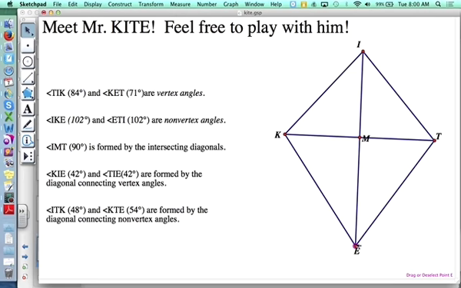In plain English, these two angles that I've measured here are formed by this diagonal connecting the two vertex angles. So this diagonal is doing what to the vertex angles? The B word? Bisecting, yes.